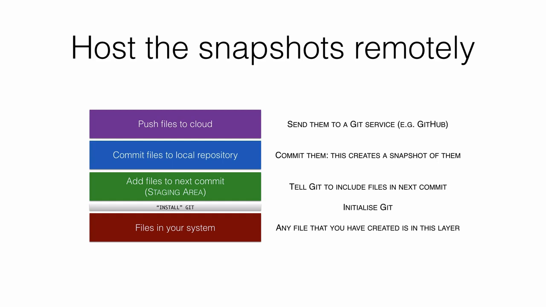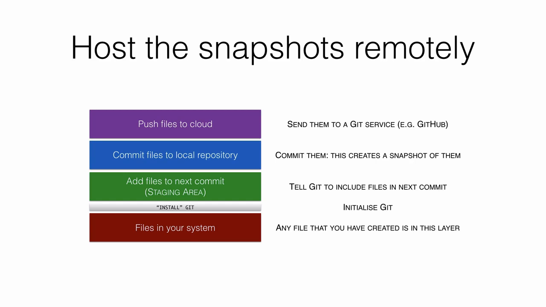Git is the thing that allows you to move files between these layers and allows you to commit and push. GitHub is essentially just a server that hosts your Git repositories so that you have a Git repository in your computer, a local repository, and also a remote repository, a repository that is hosted in GitHub.